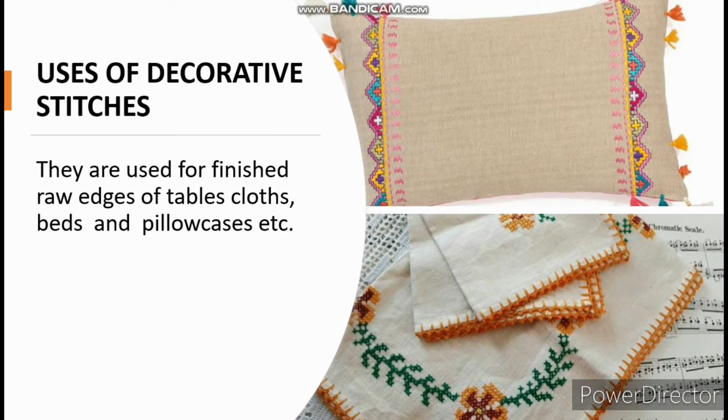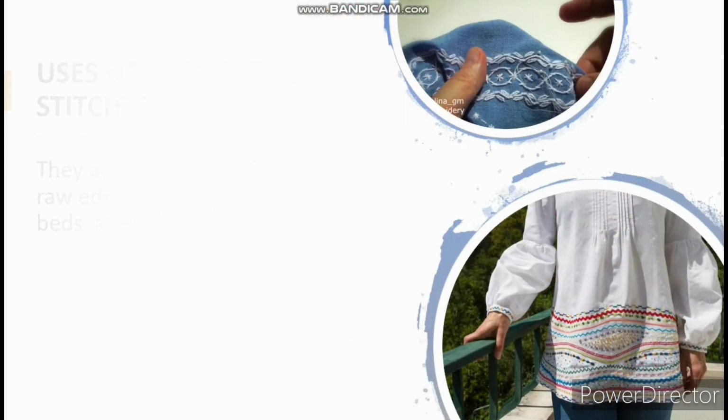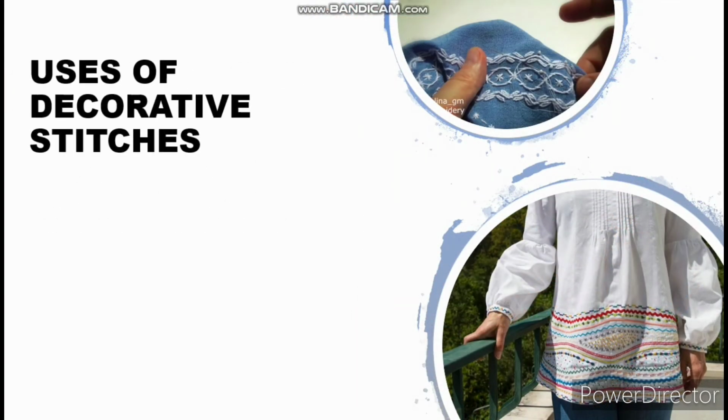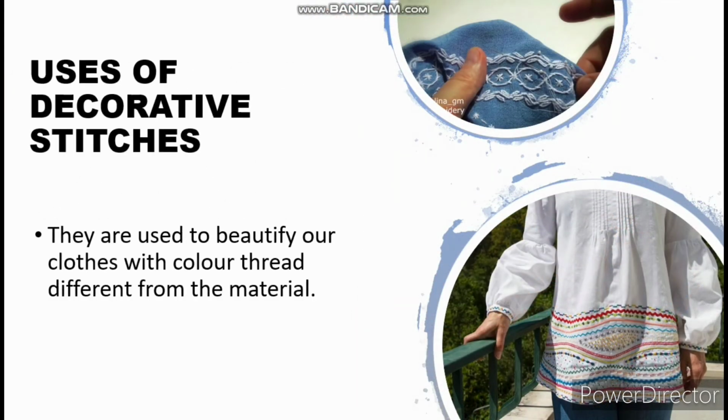Number three, decorative stitches are used to beautify our clothes with colored thread different from the material. You are using a colored thread. You know, if you remember the permanent stitches, that when we are making permanent stitches, the color of your material and the color of your thread must be the same.